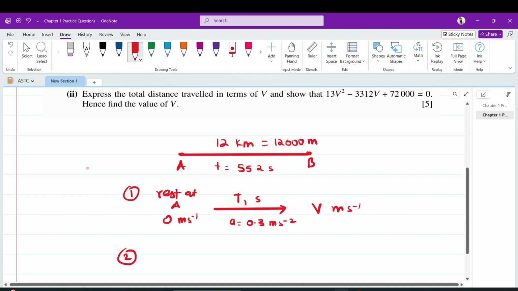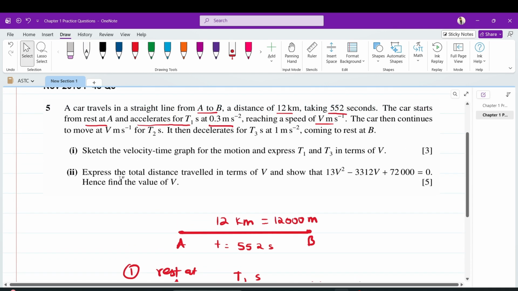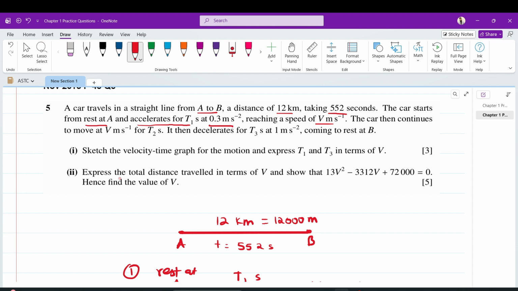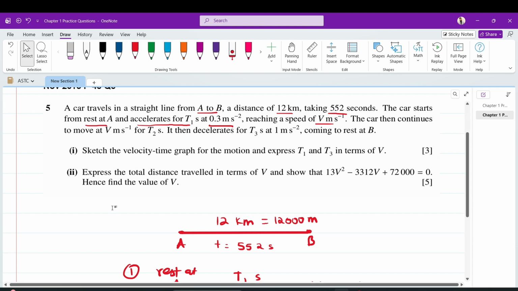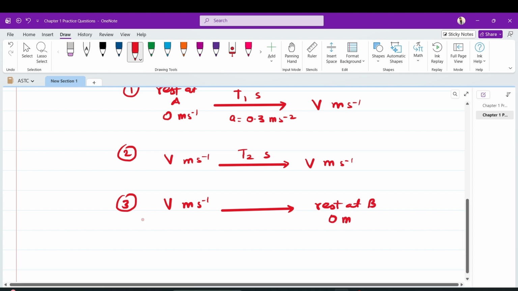Now in the second part, it remains at constant velocity of v for t2 seconds. Okay, and obviously acceleration is going to be 0. It then decelerates for t3 seconds at 1 meters per second square, coming to rest at B. So in the third part of the journey, it's now decelerating from v meters per second to rest at B, which is 0 meters per second.